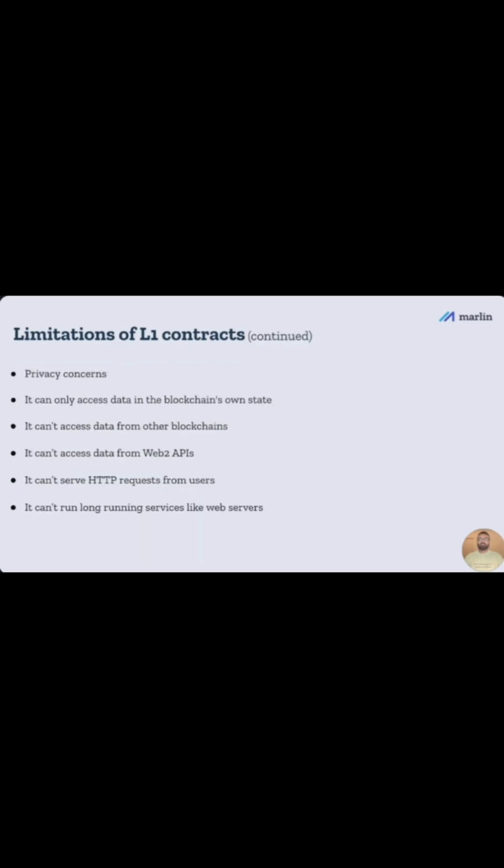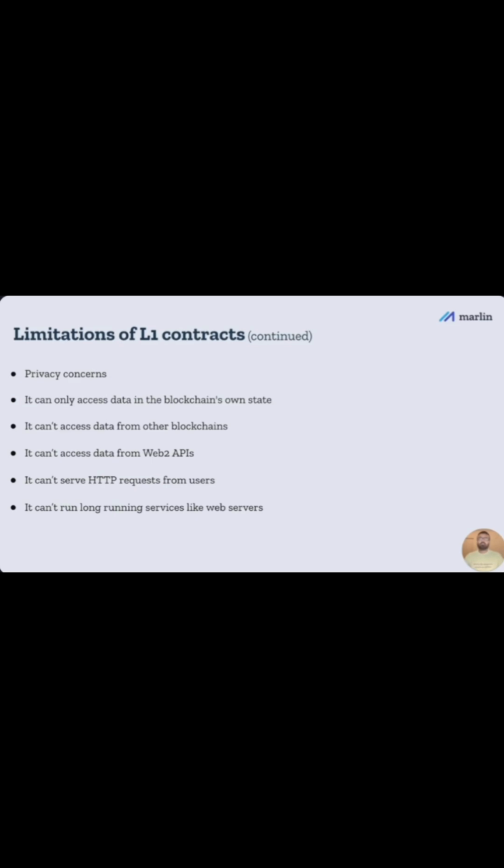Surprise, surprise, more limitations. Public blockchains, by definition, are public, so they make all data visible to everyone, which is not ideal if you're dealing with sensitive information, because of data privacy. Smart contracts are also kind of limited in their access. That is, they can only access data on the chain that they are deployed on.